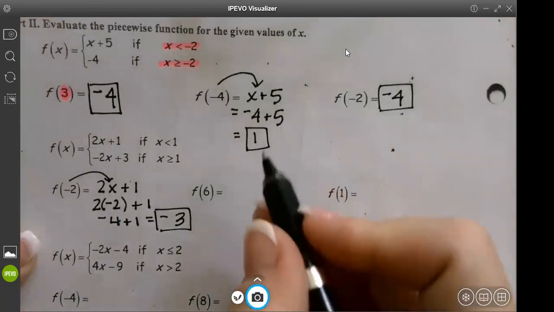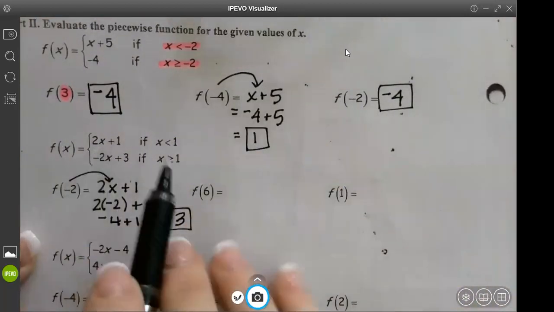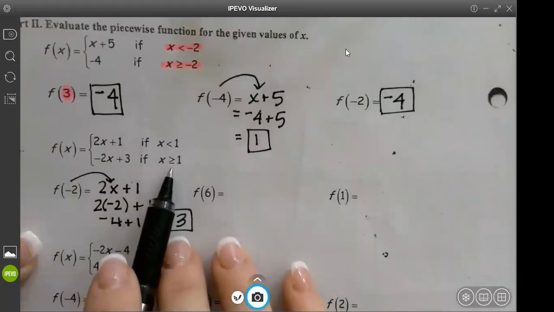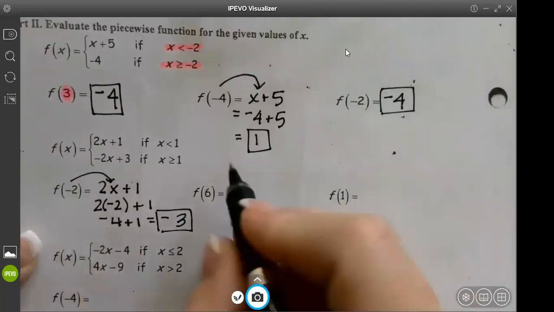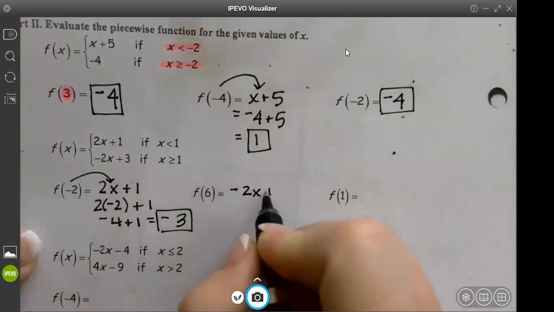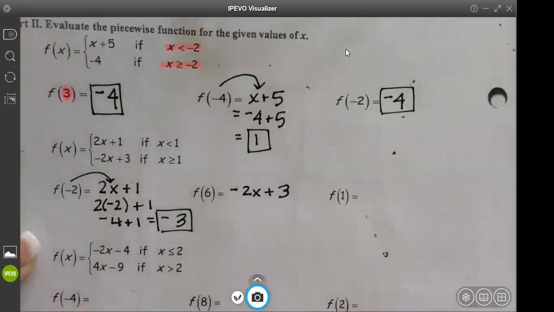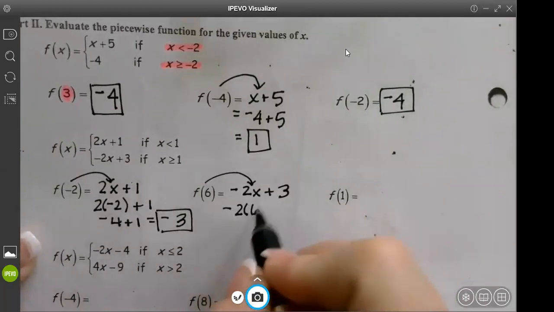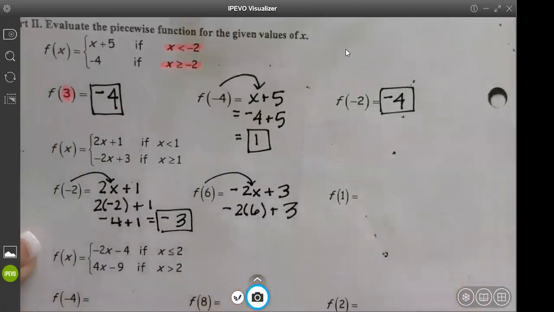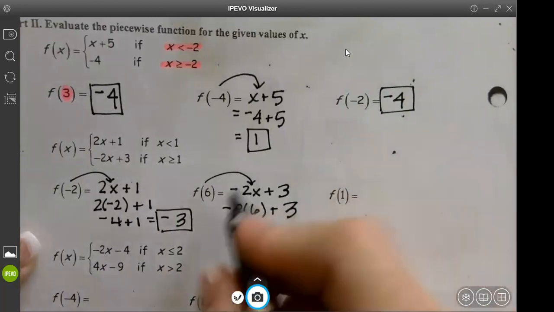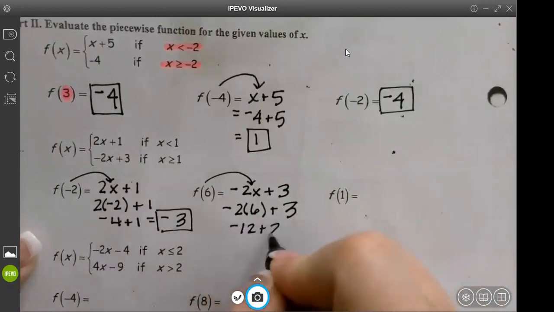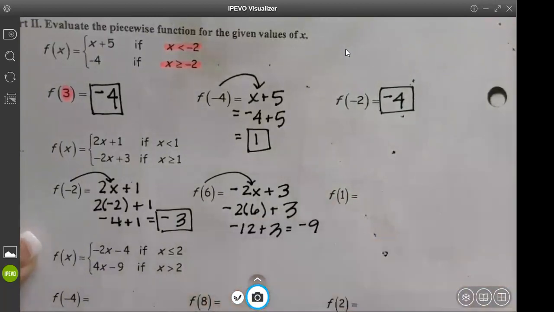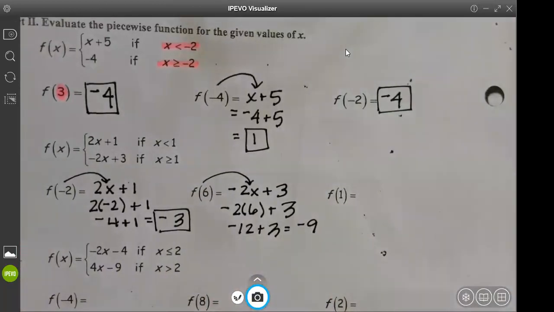All right, the next one. Is 6 less than 1 or greater than or equal to 1? So we use the other function, -2x plus 3, the second one. And then we plug in 6. -2 times 6 is -12, plus 3 is -9.